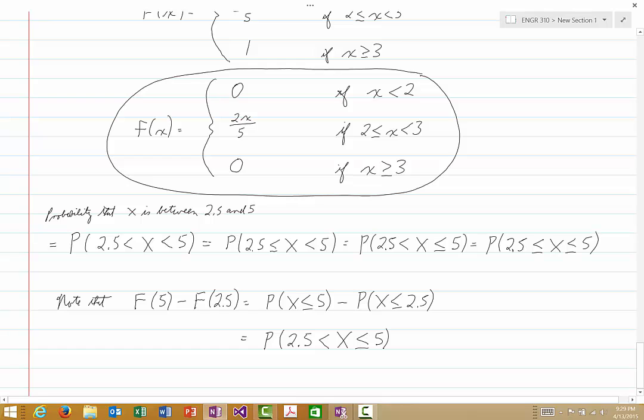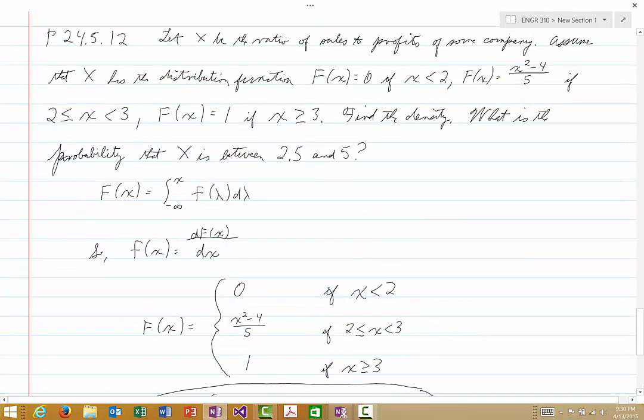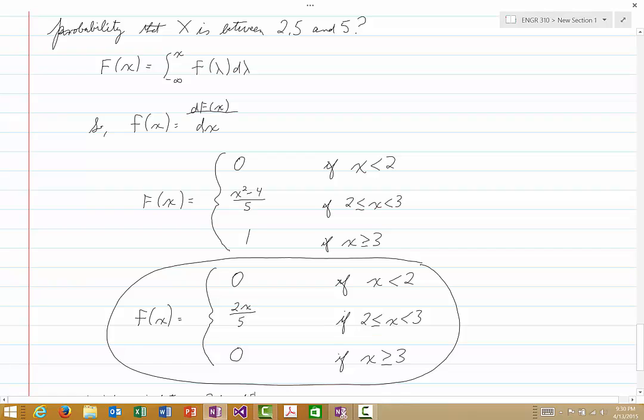But one of those ways exactly matches the definition of capital F of 5 minus capital F of 2.5. And that's particularly convenient because we already have capital F given to us right here.